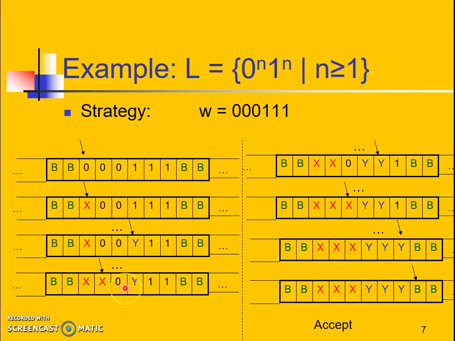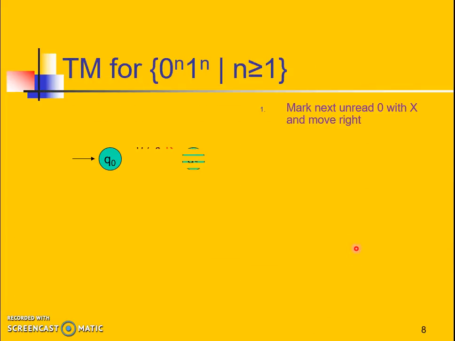When it is in q2 and encounters 0, it moves left until it reaches X. When it is in q2 and encounters X, then X is replaced with X, and the machine state changes to q0, so that it is repeated until all the input symbols are completed.